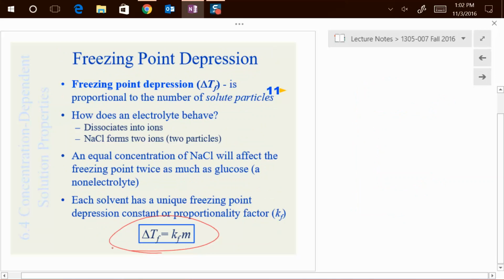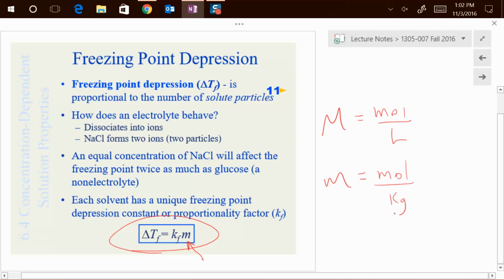The change in the freezing temperature is equal to the freezing constant of water times the molality of the solute. Now, we haven't really talked about molality, but molarity equals moles over liters, and molality equals moles over kilograms of solvent.